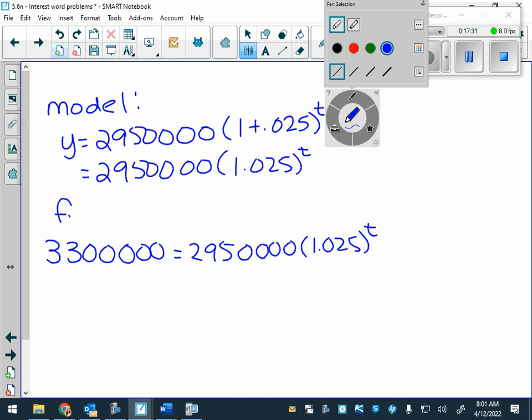What, Tyler? Y1 and Y2, because what are we looking for? Where they intersect. Excellent. So anytime you need to find the years for the exponent, you have to do Y1, Y2.